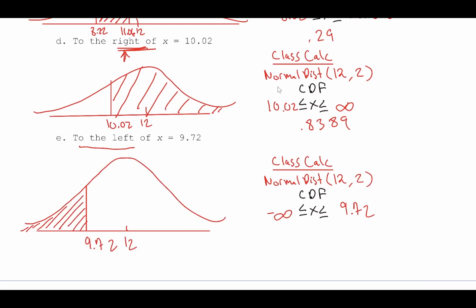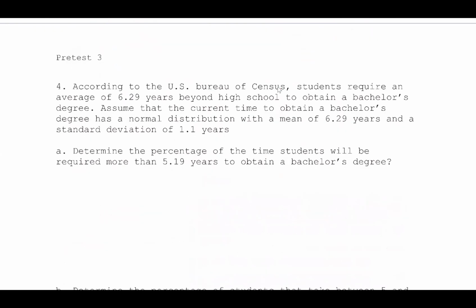So if you use 9.72, you get 0.1271. And that's your final answer for E. All right, any question in regard to E? All right, so you should know how to use class calc because the majority of the questions you're gonna be using class calc, so you do want to get very accustomed to using class calc.